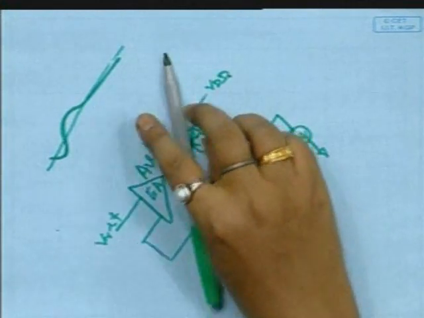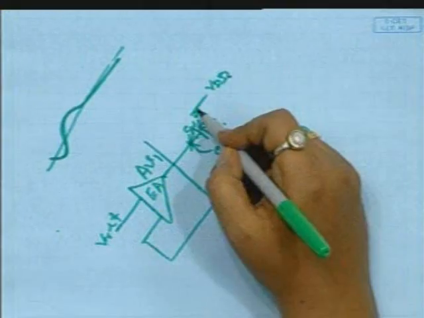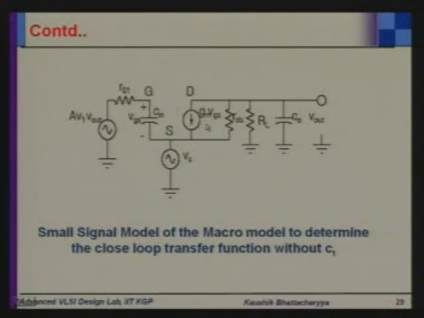R1 is the output resistance of the fast stage. Cin is the gate to source capacitance, as I have already said. Gm into Vgs is generated by the pass device, RDS is the drain to source resistance, RL is the load resistance, CO is the output capacitance. Now a small perturbation is given here at the source node of the pass device, that is, at the supply line. As noise is a small signal phenomenon, power supply noise rejection can be modeled through small signal analysis.